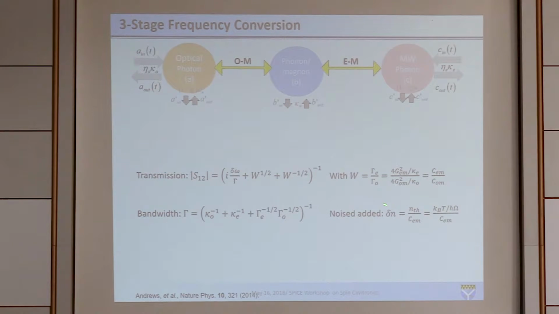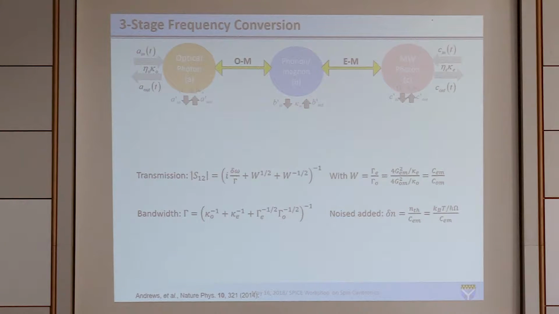Because your added noise is proportional to the thermal excitation of the environment divided by that cooperativity. So basically you need both cooperativities to be much bigger than 1. You need them to be identical. So that is hard. There are also conversion bandwidths, which are really the mean of all those rates in your system.